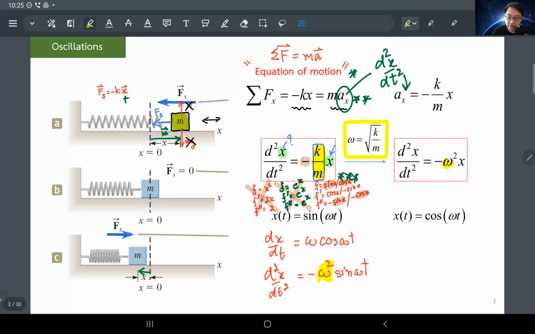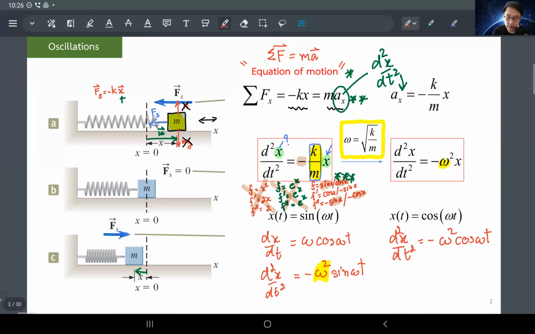You can do everything exactly the same with the cosine function. And I can draw the final conclusion over here: you're going to get negative omega squared cosine omega t. Cool? I don't know whether you're going to call it cool or not, but at least you see where things go right now. It starts shaping up what will be the final solution of this equation of motion. But that's not the end of it yet.